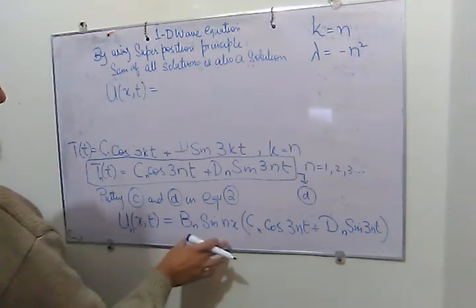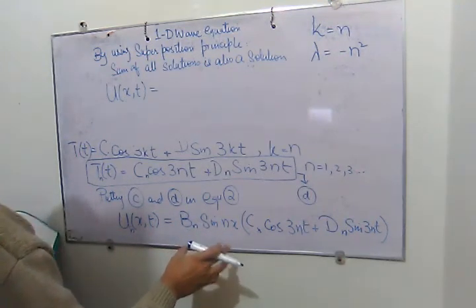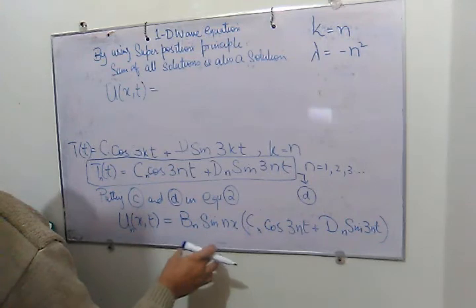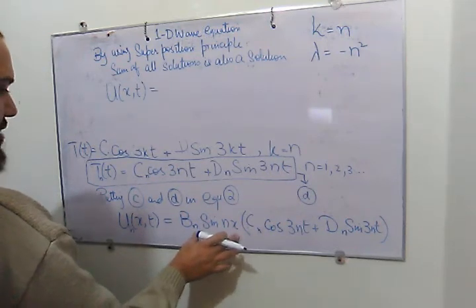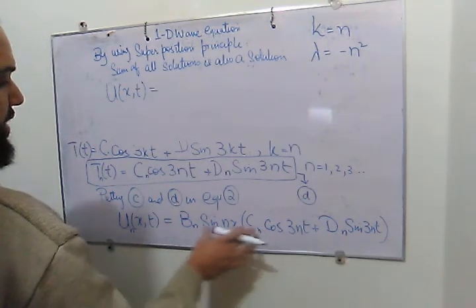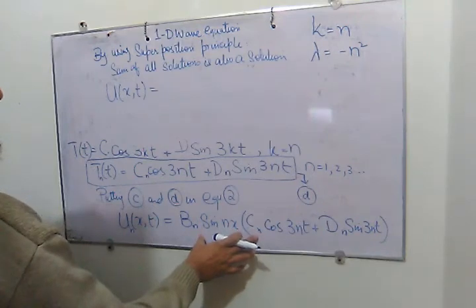And before summing up, we are going to multiply this one inside it and combine the coefficients b_n and c_n.